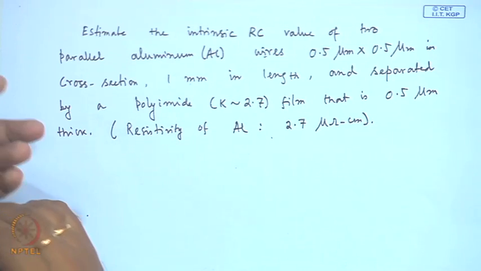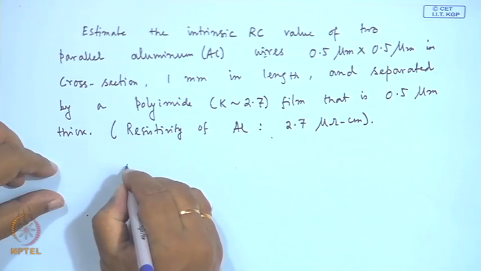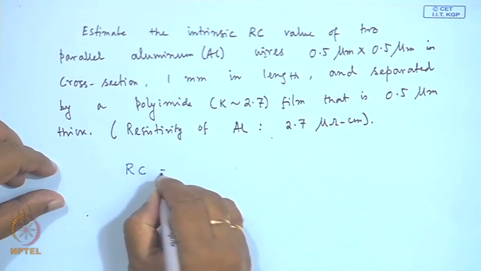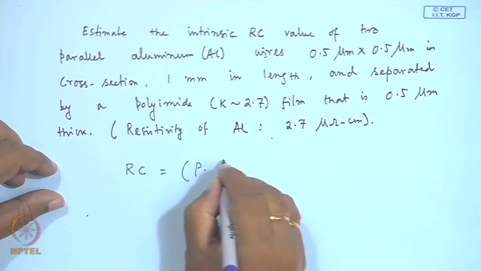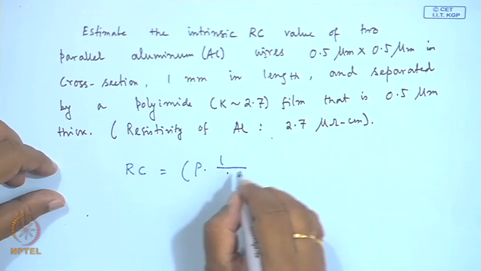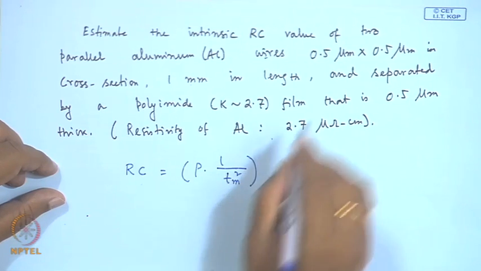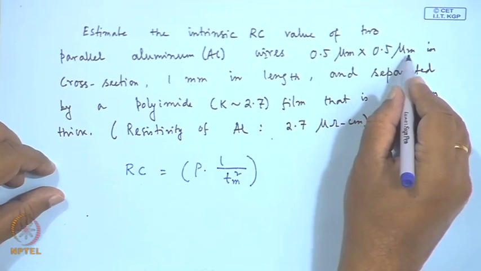Now, if we want to solve this problem, RC, R into C. R is equal to rho into L by A, and area is here the cross section, 0.5 by 0.5 micron.